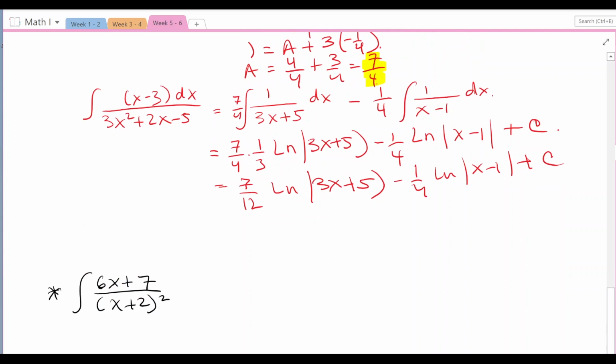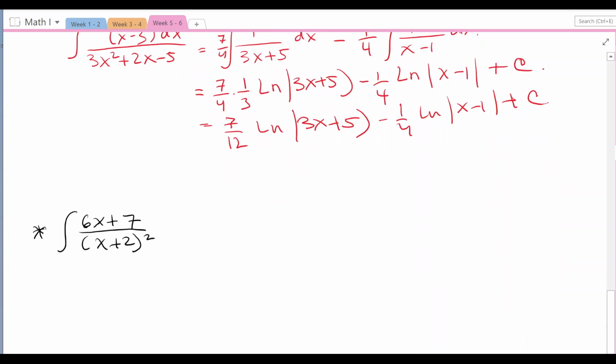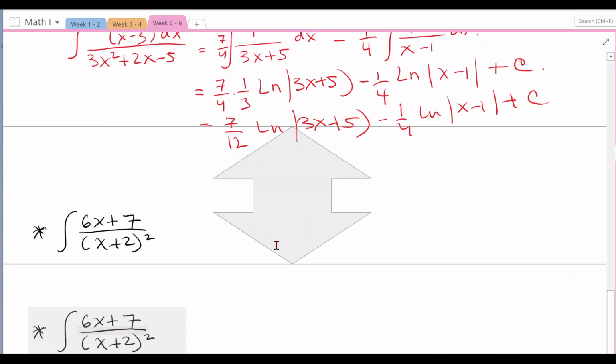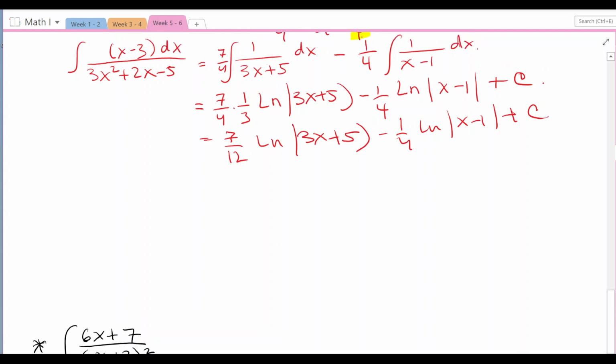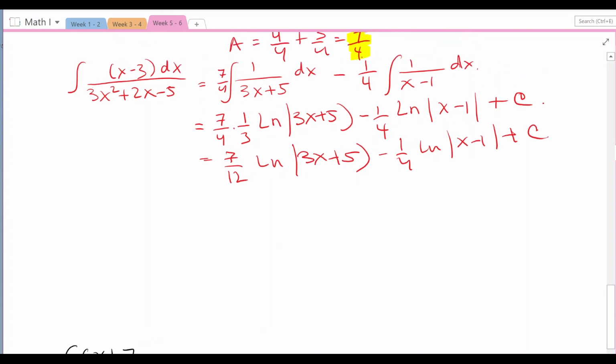Again, this can be further simplified. Okay, we can take the common denominator. Let me change the 1/4 to become 3/12, because it is the same thing.